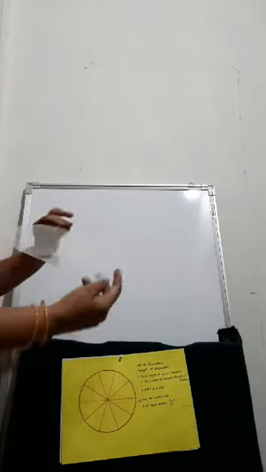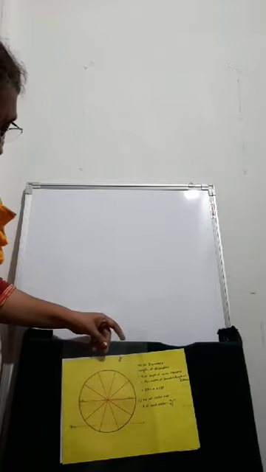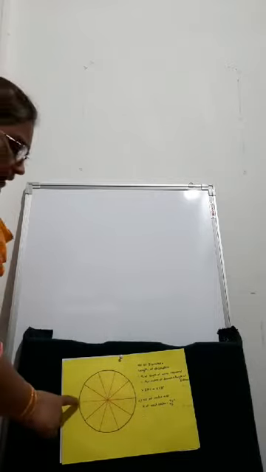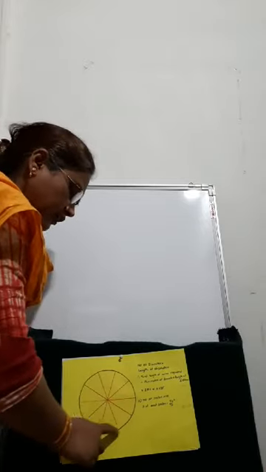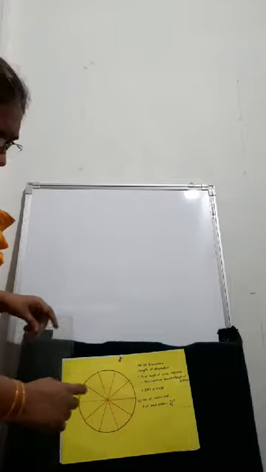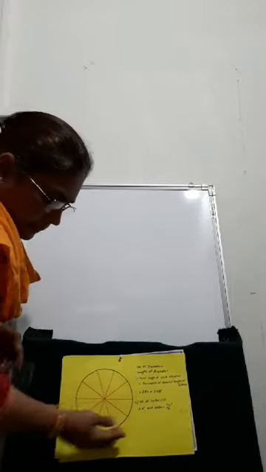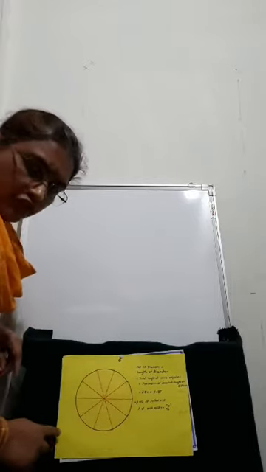See students, we have learnt about the circle, secant, and tangent. Now consider this is a wheel of a cycle. So this wheel runs on what? On the floor.